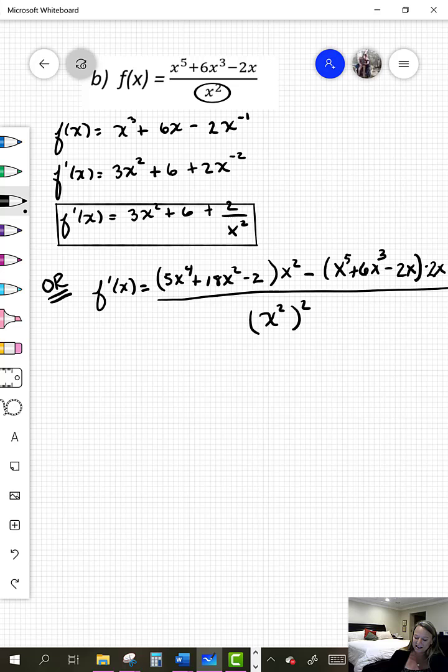So notice how that other way was a lot easier. We have to clean this up a little bit and combine like terms. Let's distribute in the numerator. x squared times 5x to the 4th gives me 5x to the 6th. x squared times 18x squared is 18x to the 4th. x squared times -2 is minus 2x squared.